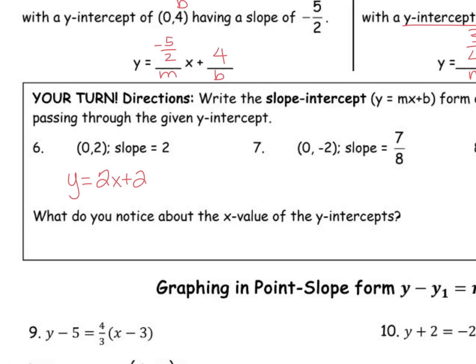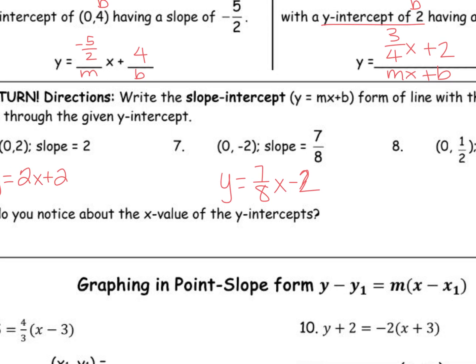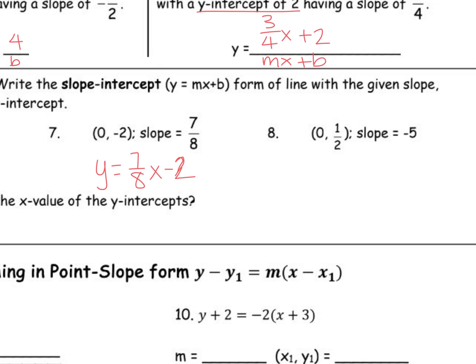You should have written here y equals 7/8x minus 2. And then on this last one, y equals negative 5x plus 1/2. You could also write that as 0.5.